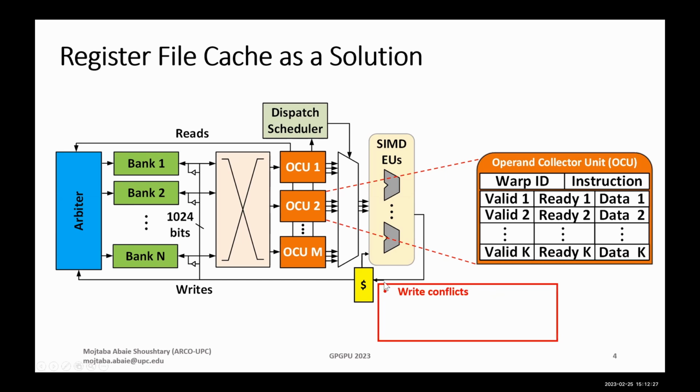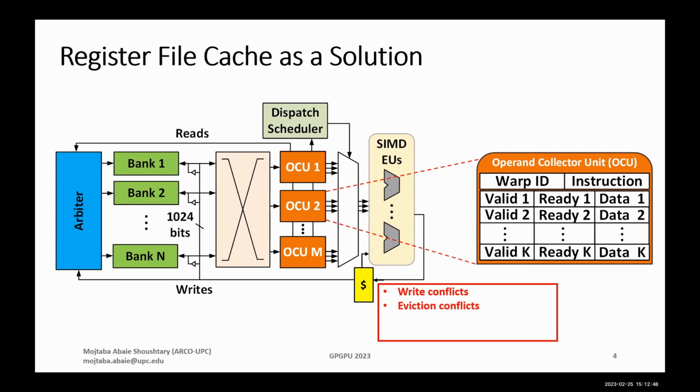And solving those problems may be complex and also reduce the benefit of using a cache. For example, we create write conflicts in the cache. If we assume that the ports for the cache are limited, we also have conflicts in the evictions we cause because of the write back policy.